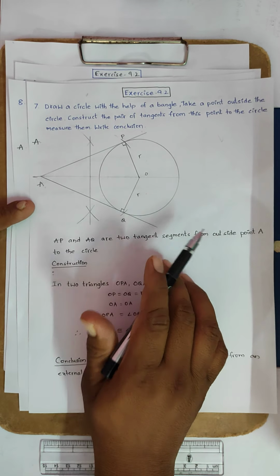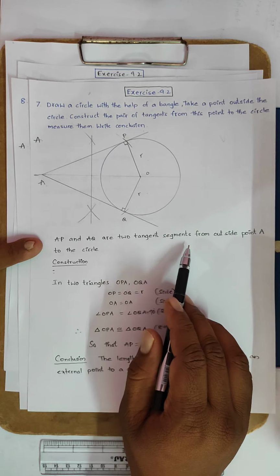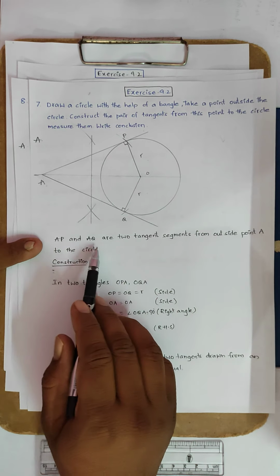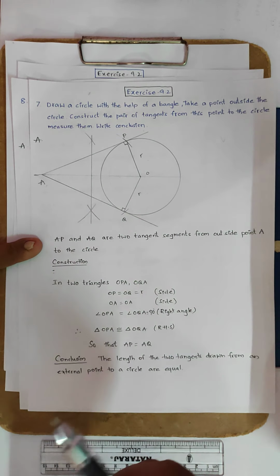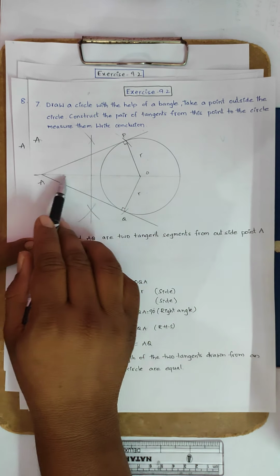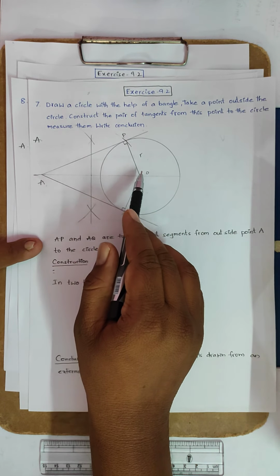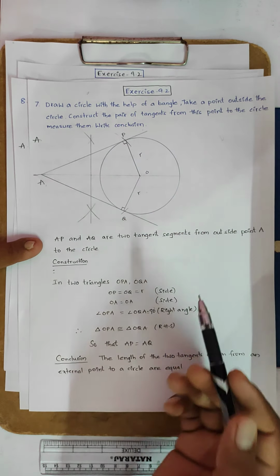AP and AQ are two tangent segments from outside point A to the circle. Construction: how did you construct this diagram? Write a few steps. In two triangles, OPA above this line segment is one triangle, and OQA below this line segment is one triangle.